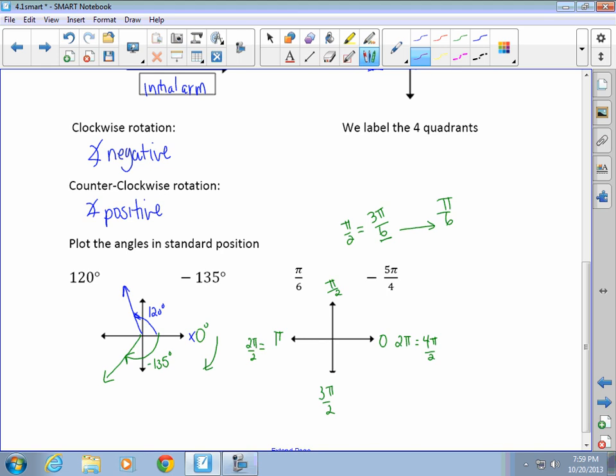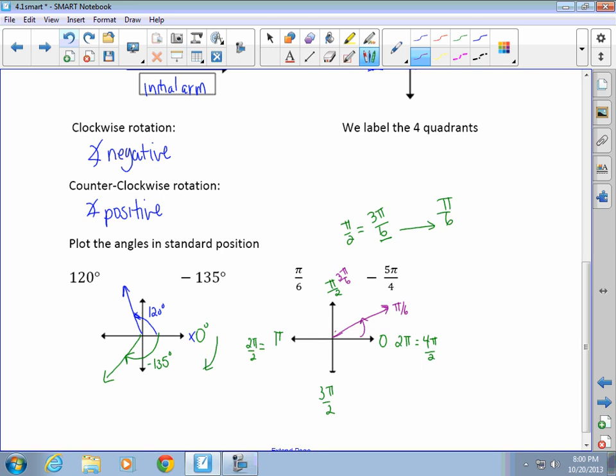Pi over 2 is the same as 3 pi over 6. So if this is 0, this is 3 pi over 6, and that means I would have to divide this into thirds. That's about 1/3, so this would be pi over 6. 2 pi over 6 would be about there, and then 3 pi over 6, of course, would be at the half. So this is pi over 6. And again, I use my little arrow on there to indicate that.